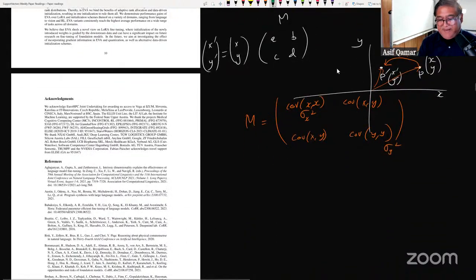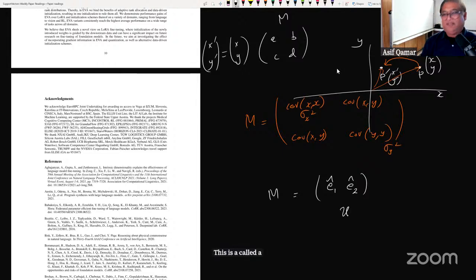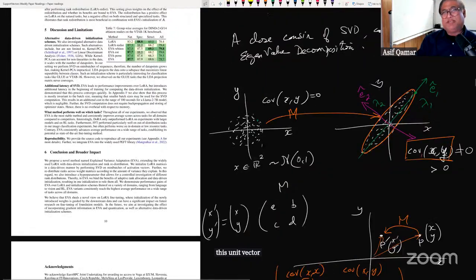This matrix M can be written as, you just take this matrix of unit vectors E1, E2, right? This is called the U matrix, because this unit vector will have two components. It's a two-dimensional vector.